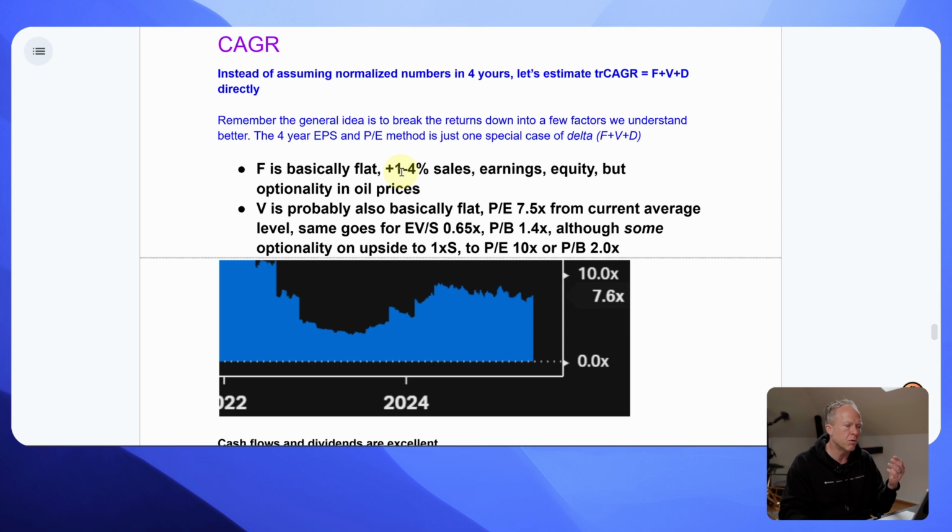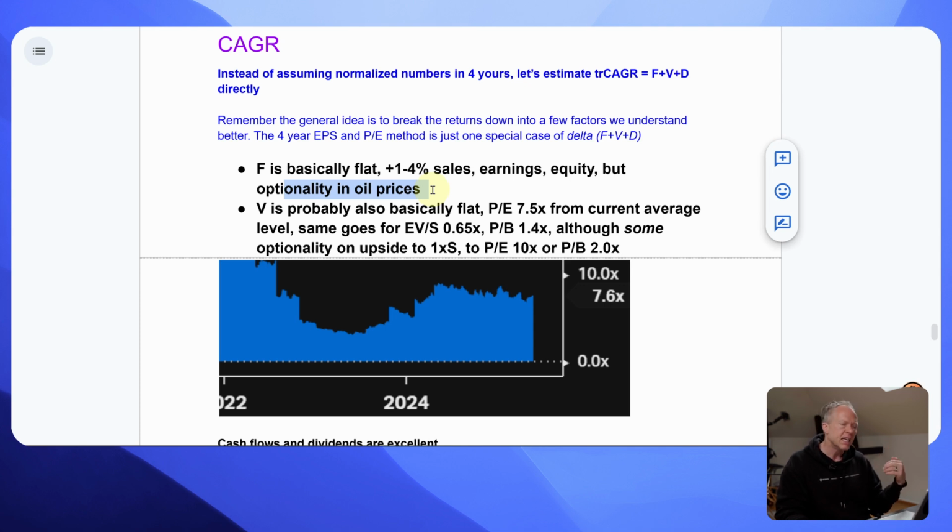So let's call it 1 to 4% per year, maybe slightly more than inflation. The equity or the profits or the cash flow, it actually indicates that they should be able to do more. But as our base case, we should be a bit conservative. But there is definitely an optionality in terms of the oil price.